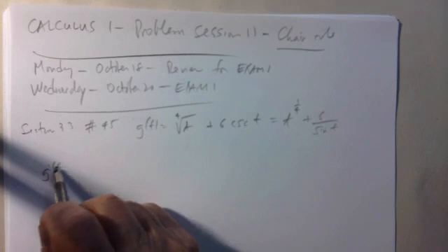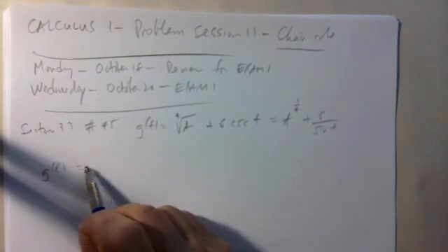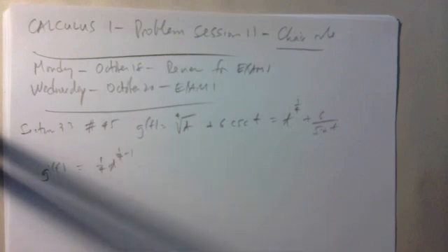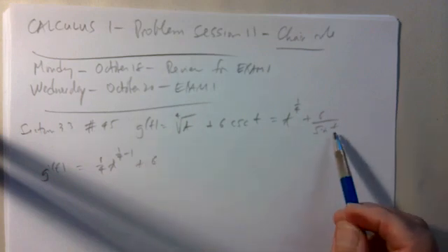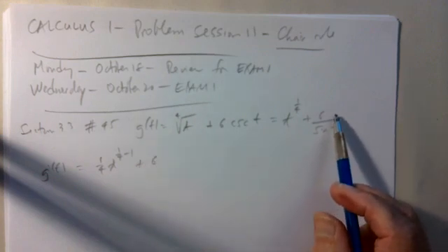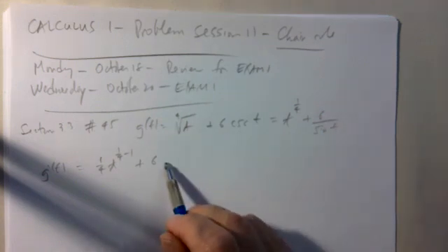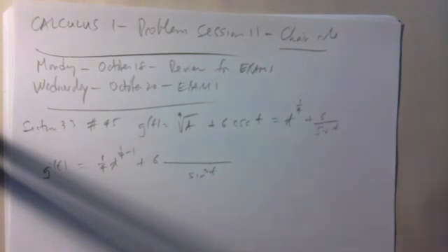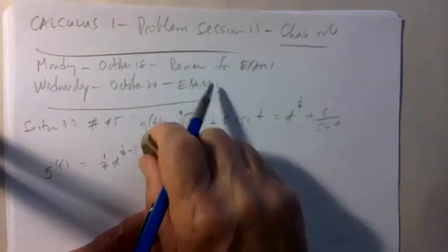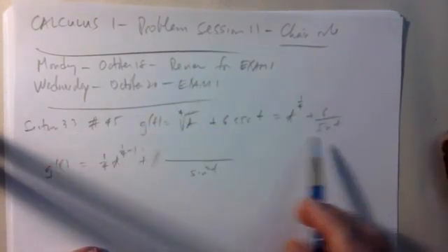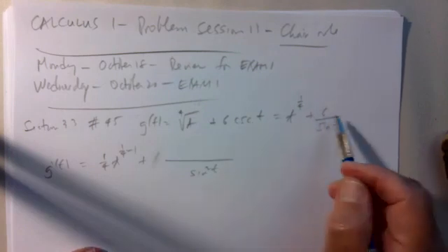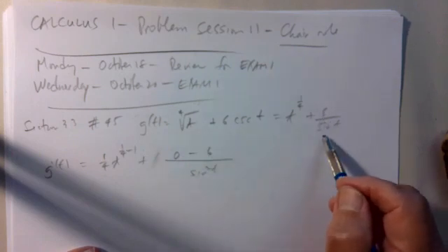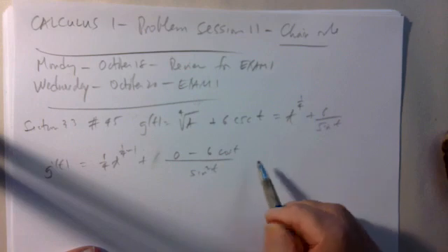So to differentiate t to the 1/4, that's just the power rule: 1/4 t to the 1/4 minus 1. Plus 6 times the derivative of 1 over the sine. If we use the quotient rule, it's sine squared t in the denominator. The derivative of the numerator, which is 6, is 0 times the denominator, minus 6 times the derivative of the denominator, which is cosine t.